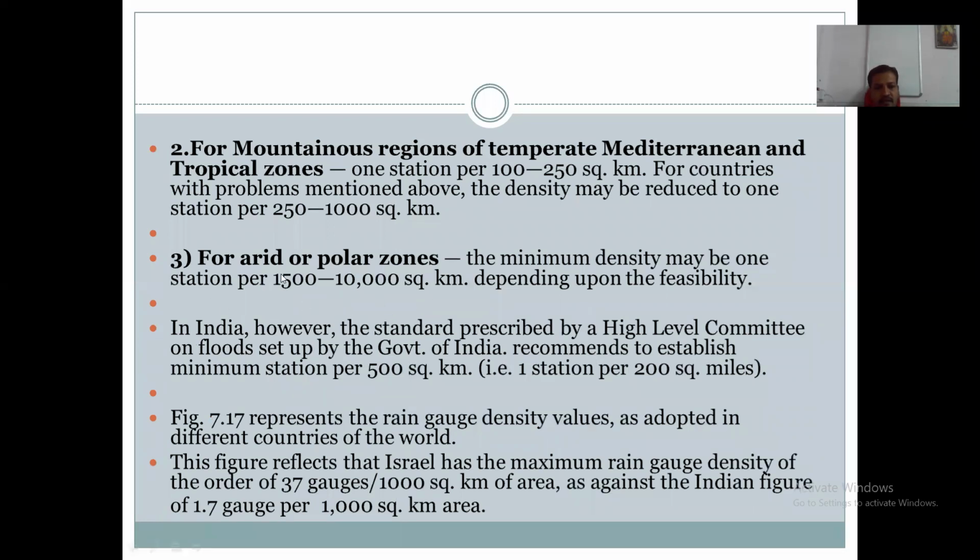So for 1500 to 10,000 square kilometer area, one rain gauge station is to be provided. So किती दिलेलं आहे? For 1500 square kilometer to 10,000 square kilometer area, one station is to be provided. So depending upon the feasibility, this rain gauge station has to be installed.